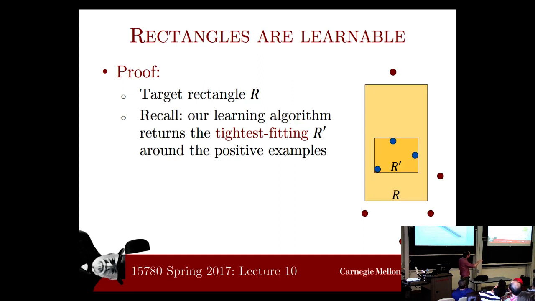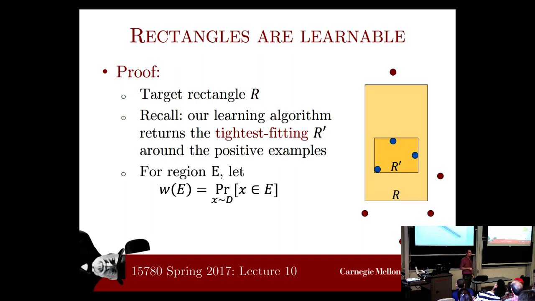Now this is the real rectangle, so notice that everything inside is positive, everything outside is negative. But what we do is return the tightest fit around the positive examples. So that's the tightest fit. It's a different rectangle, R prime, and that's what our learning algorithm returns. And we want to argue that this is a pretty accurate estimate for the true rectangle R.